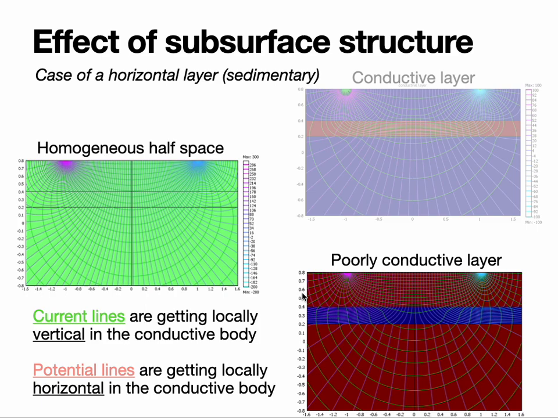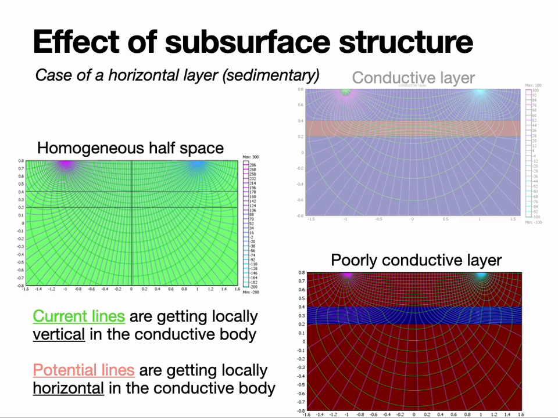Now if we consider another case, a poorly conductive layer, we will get the opposite pattern. The current lines will get locally vertical. So you see here, they want to become vertical locally behind the injection point. Here is the same. And the potential lines are getting locally horizontal. So you see the lines here just below the injection points.